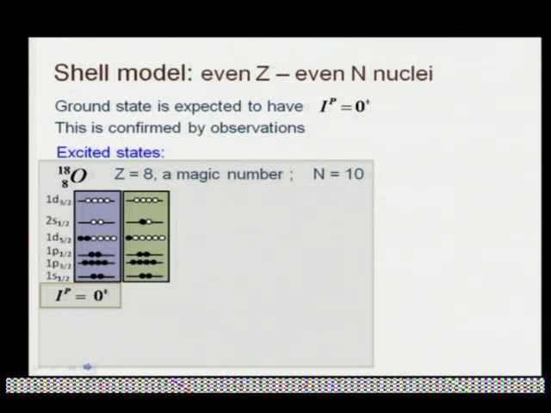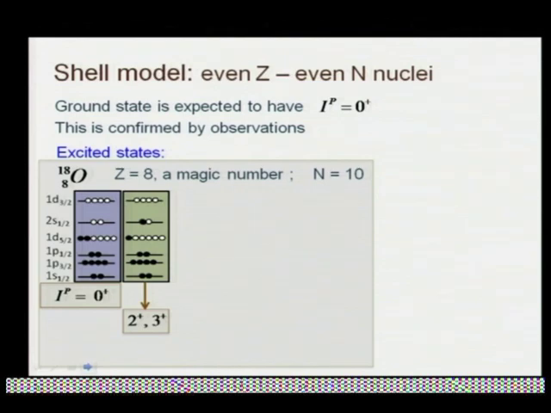We will see that a combination of 1 by 2 and 5 by 2 will give you 2 or 3. And what about parity? One is in the L equal to 2 state, the other is in the L equal to 0 state.